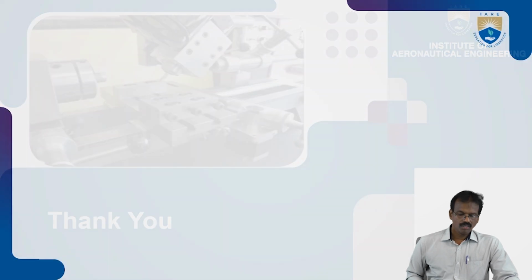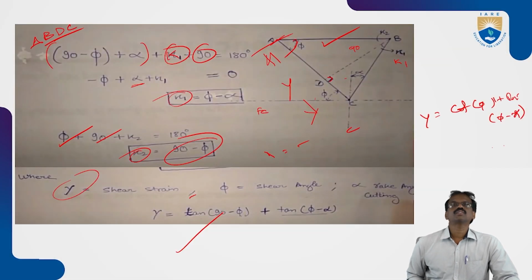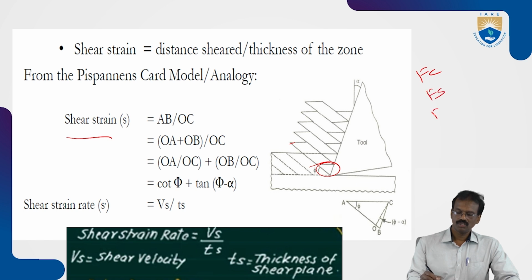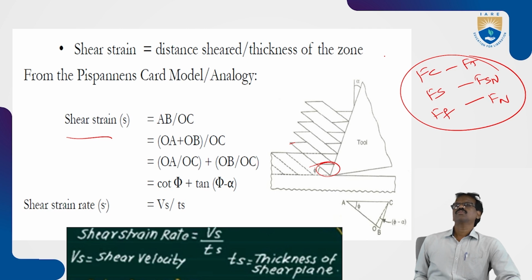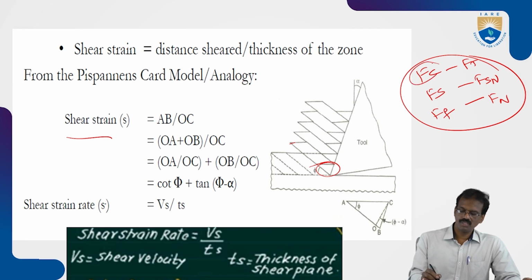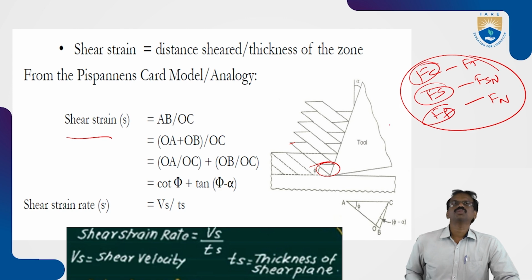By using the Merchant circle, you can understand the different forces: the cutting force, shear force and frictional forces. Then the tangents of this, Ft, Fs, Fn also, you can understand. So we'll solve the relationships or formulas for Fc, Fs and Ft by using the Merchant circle in the next class.